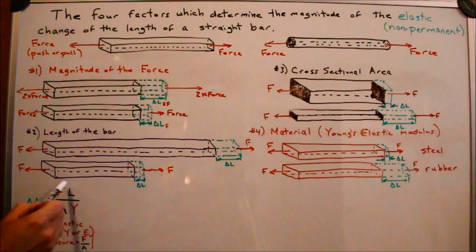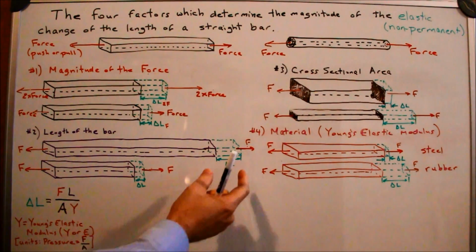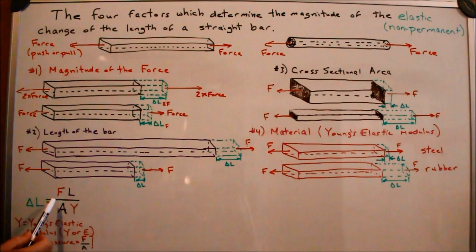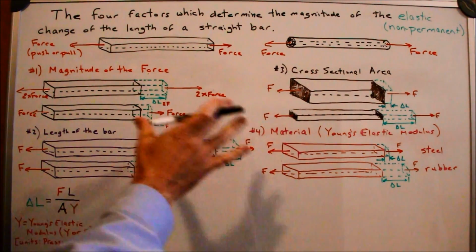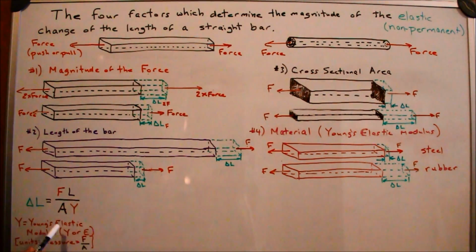So here is the ultimate equation for this change in length, and these 4 factors. You can think about these 4 factors, but this is a good starting point to understand that relationship. Young's elastic modulus is either Y or, more commonly, E. For the units, force is going to be units of force, for example, Newton, length, and area is going to be length squared, for example, meter squared.